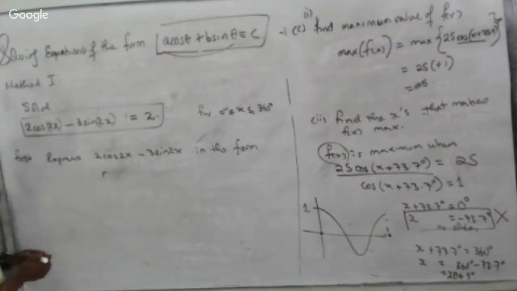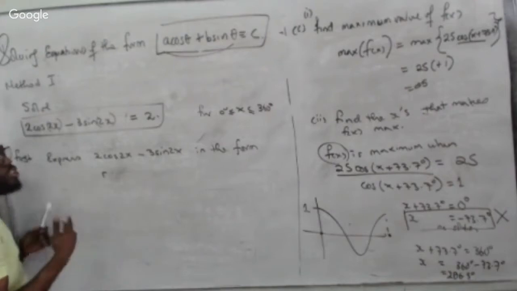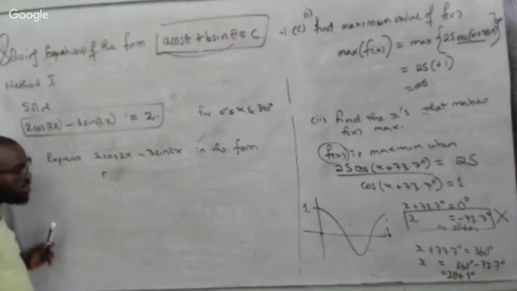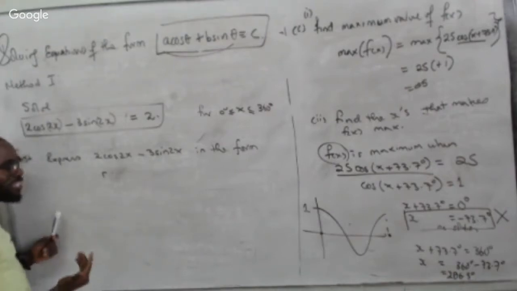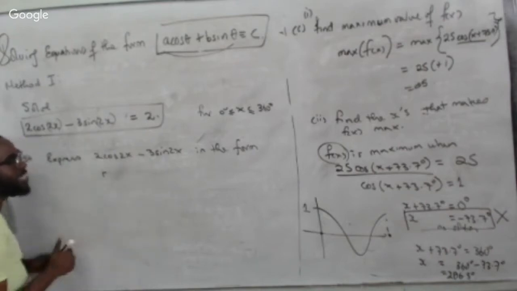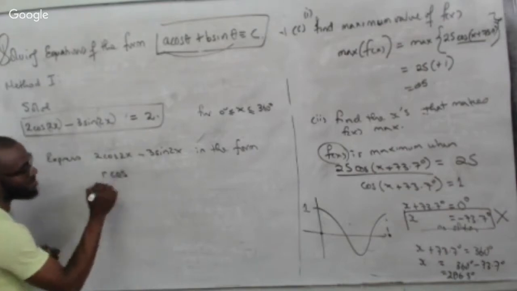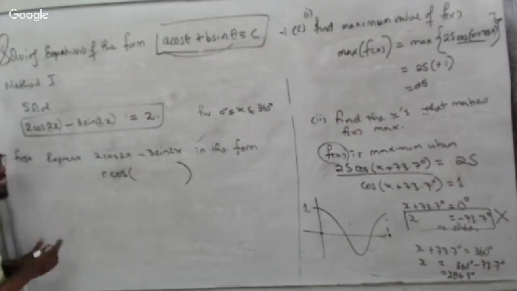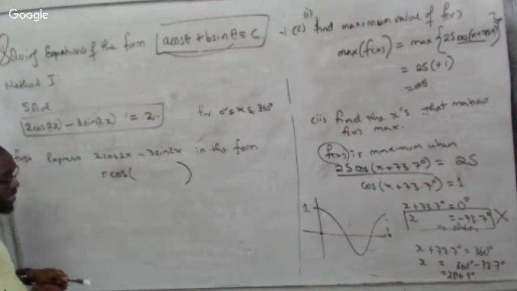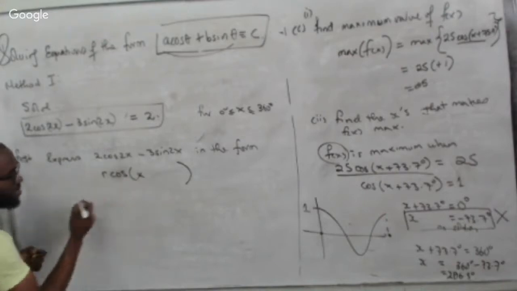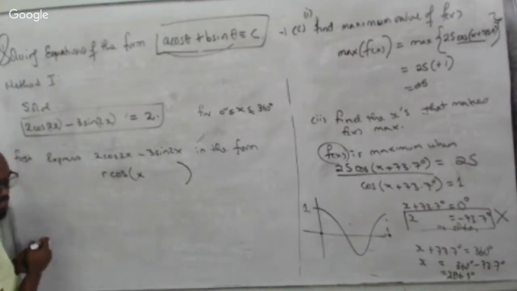Which one would you put it in? Cos. Although you could put it in sine, there will be nothing wrong with it. But the convention is, if cos starts the thing, put it in r cos. What is the angle, guys? 2x, not x. So please do not put x right here. You will die.